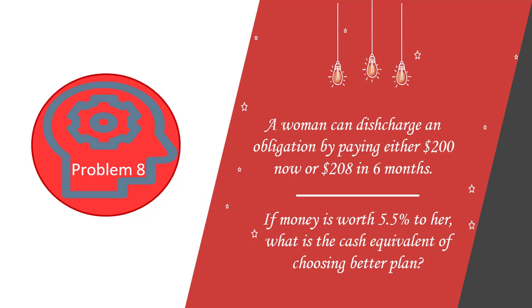Problem number 8. A woman can discharge an obligation by paying either $200 now or $208 in 6 months. If money is worth 5.5% to her, what is the cash equivalent of choosing the better plan?